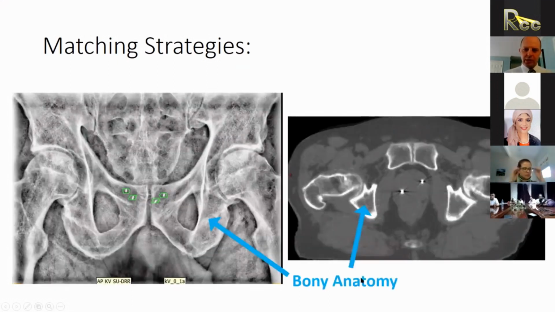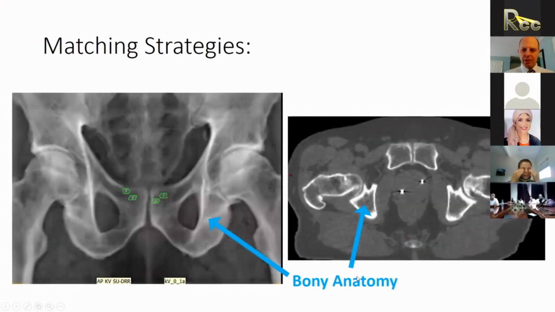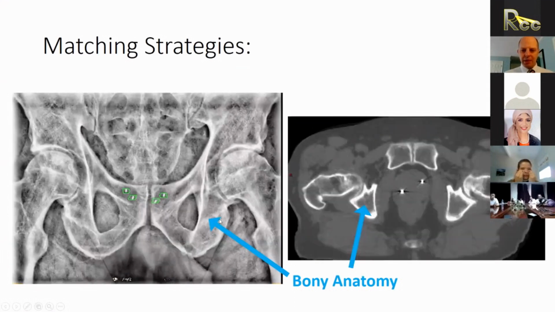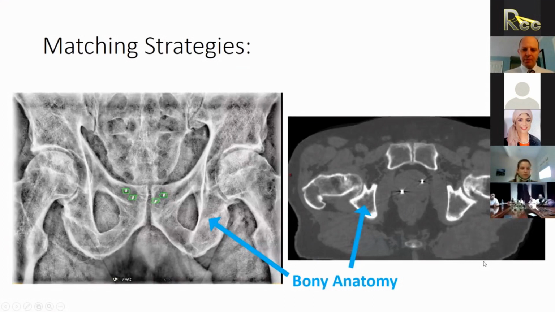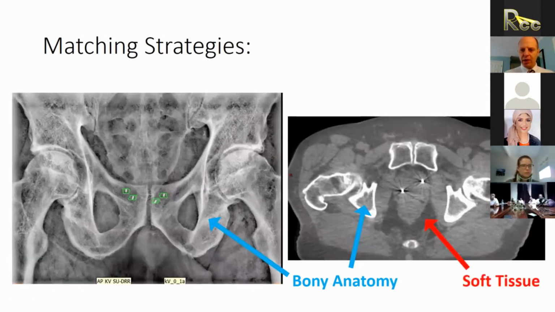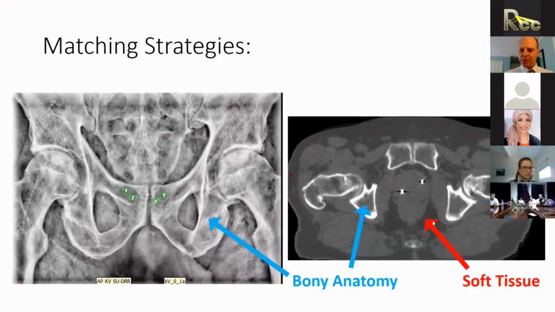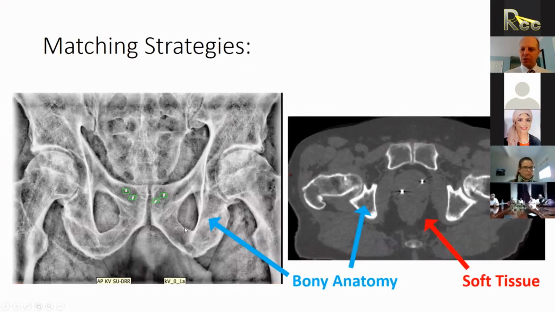The first one is we could use bony anatomy. If we use the bony anatomy, we would align the bony anatomy, and it could be done in either of these situations. A second method is to use the soft tissue, and this is typically much easier to do with a cone beam in 3D space than it is to do with a projection image.